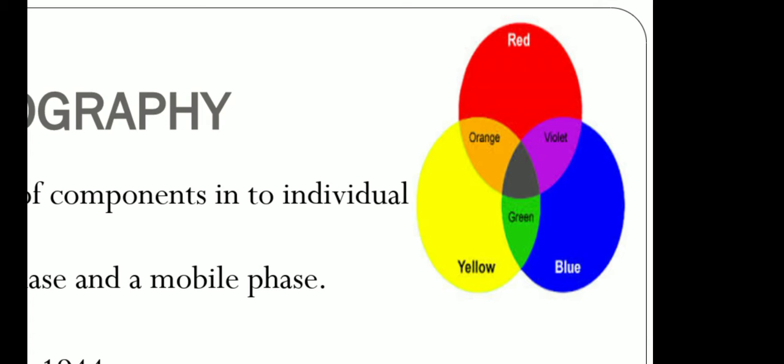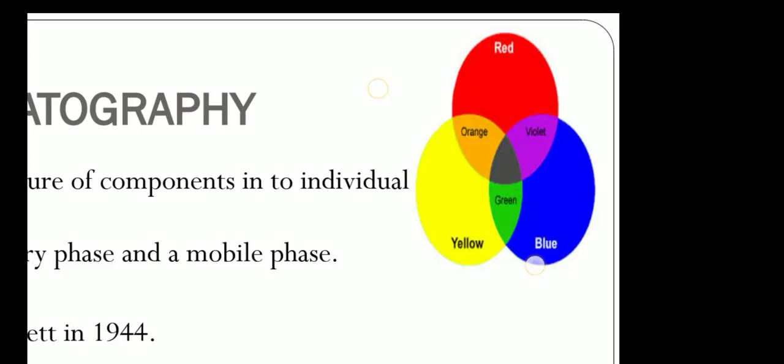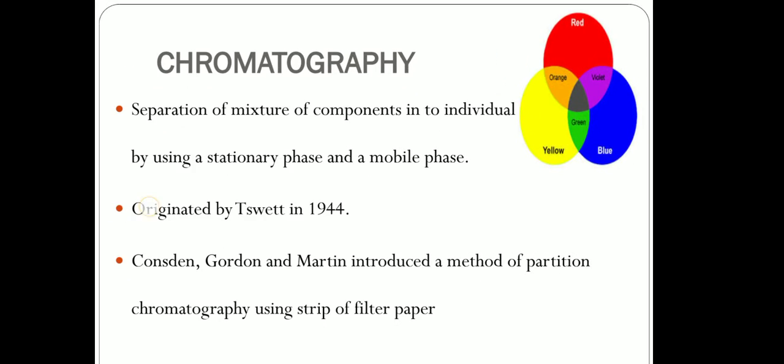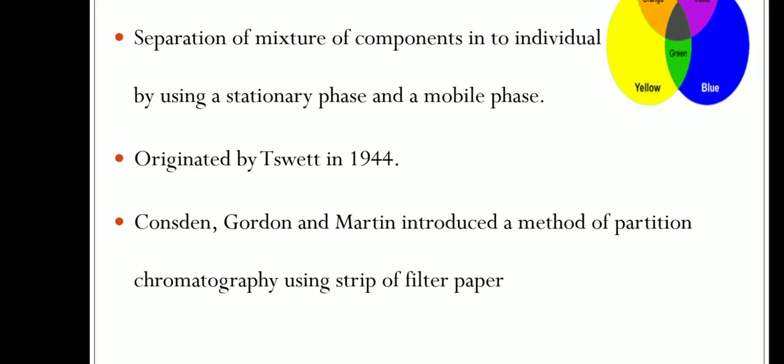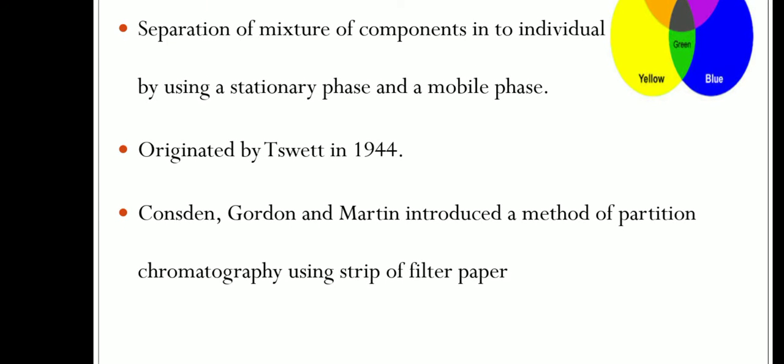For example, in case of green color, if we have to separate the yellow and blue color from this green color, we can move to the chromatographic technique. So separation of a mixture of components into individual components by using a stationary phase and a mobile phase, that is chromatography.